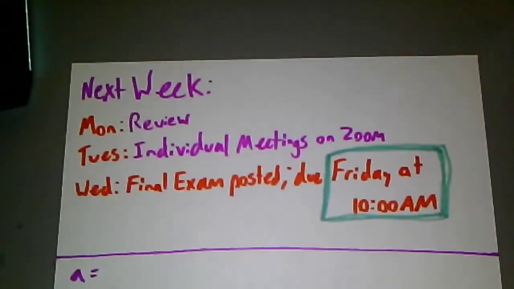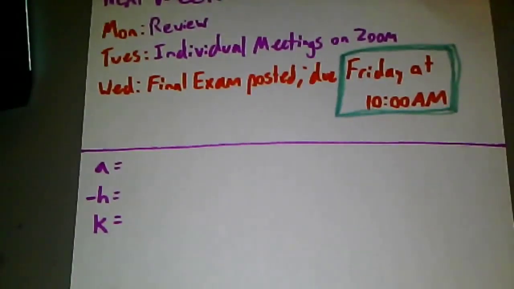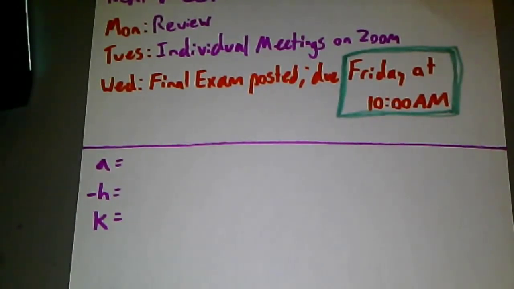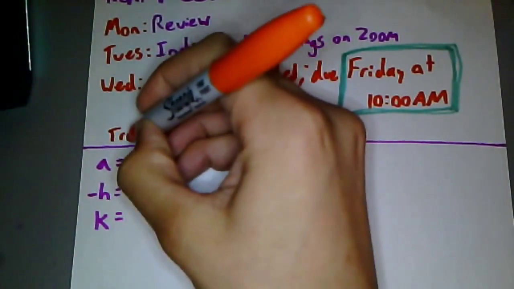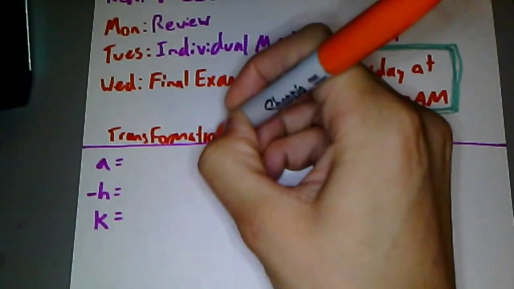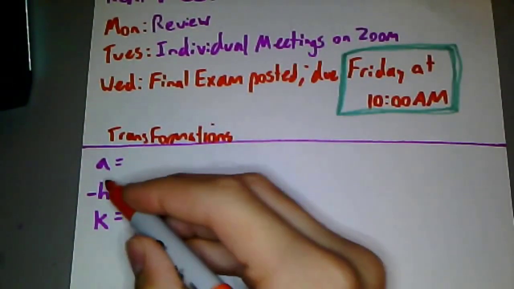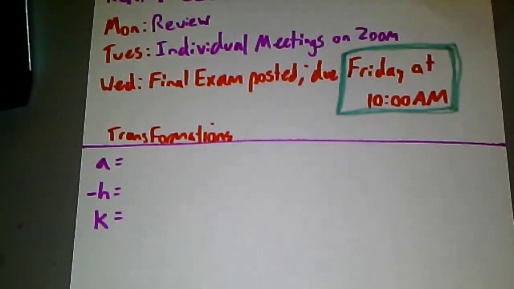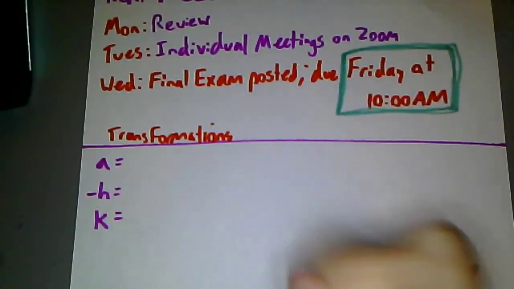But let's start with going over just our basic definitions of our letters. Transformations, right? These were our transformations. Does anybody remember what A can cause in a transformation? It can change two different things.